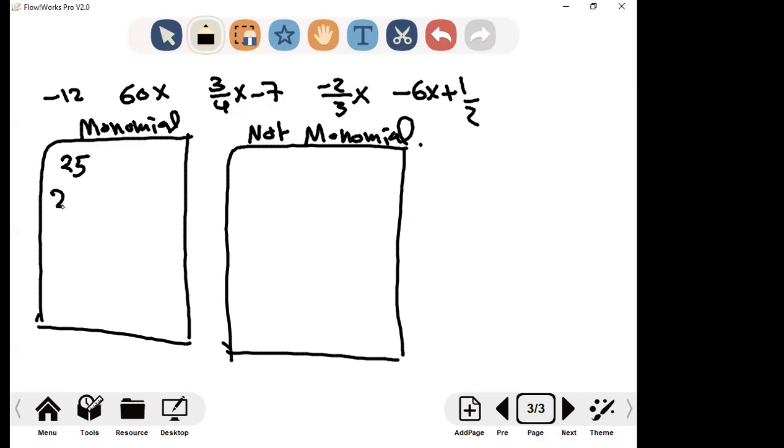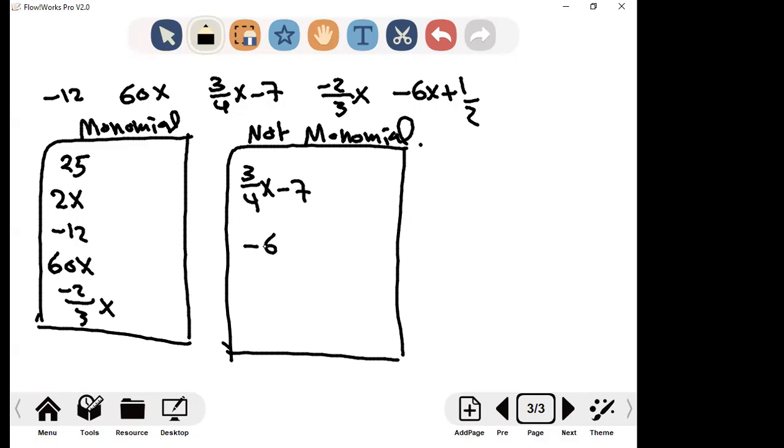Up, 2x is a monomial. How about negative 12? Monomial. 60x, monomial. This one goes here, it is a multiplication. Negative 2 over 3x, monomial.